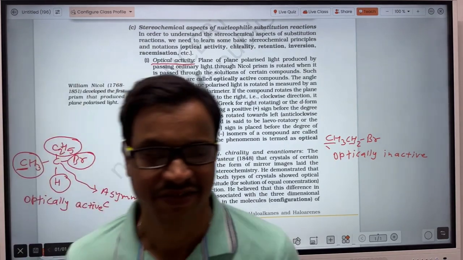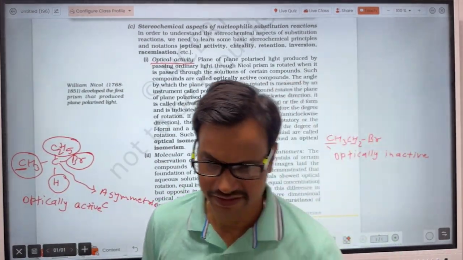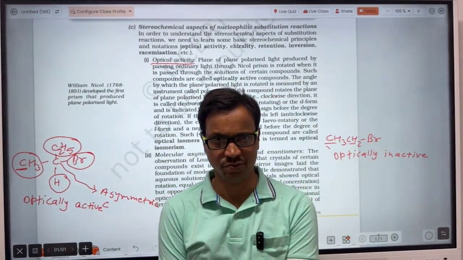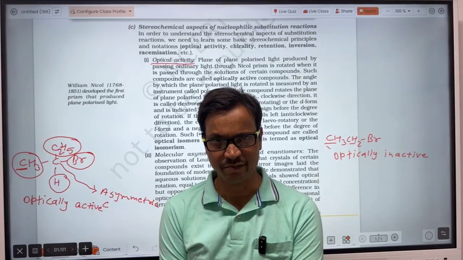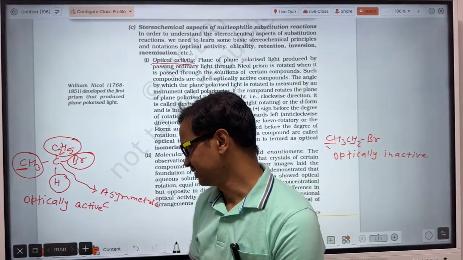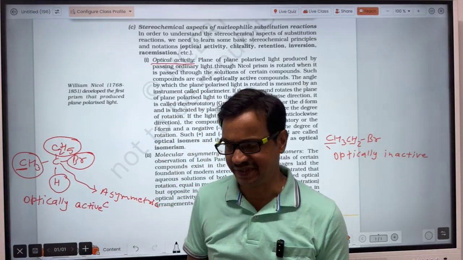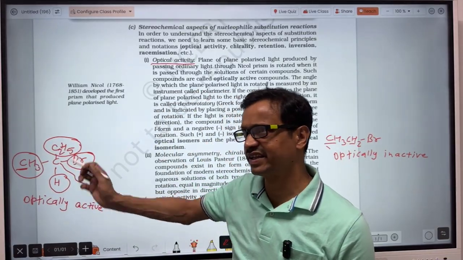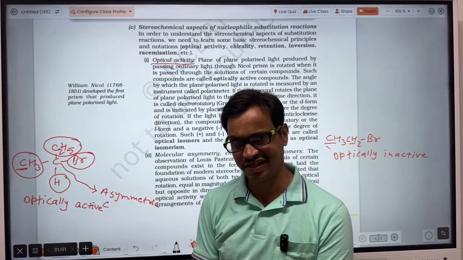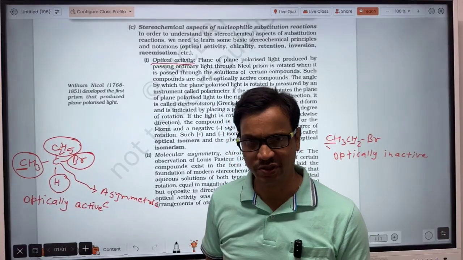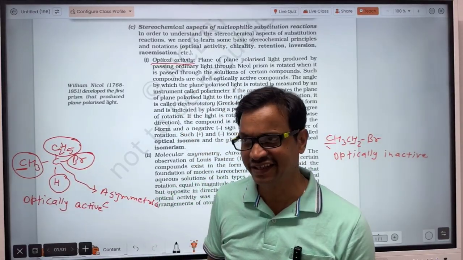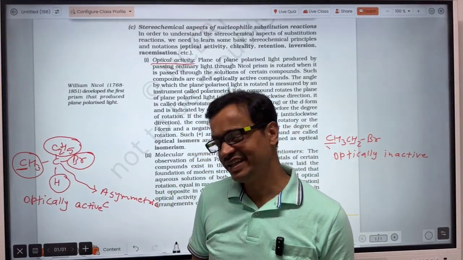Okay, so the important criterion for a chiral or achiral molecule is this: if the molecule contains an asymmetric carbon, then that molecule will be chiral and will also be optically active.